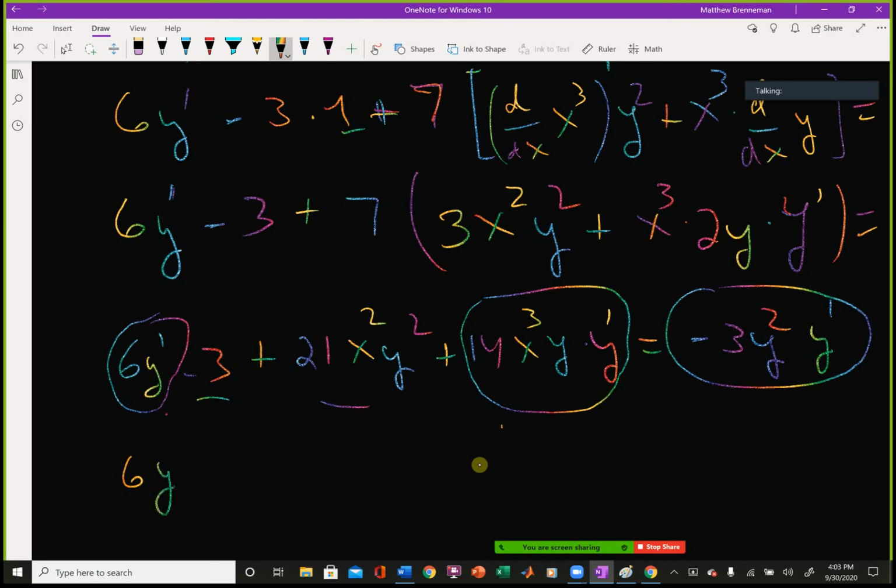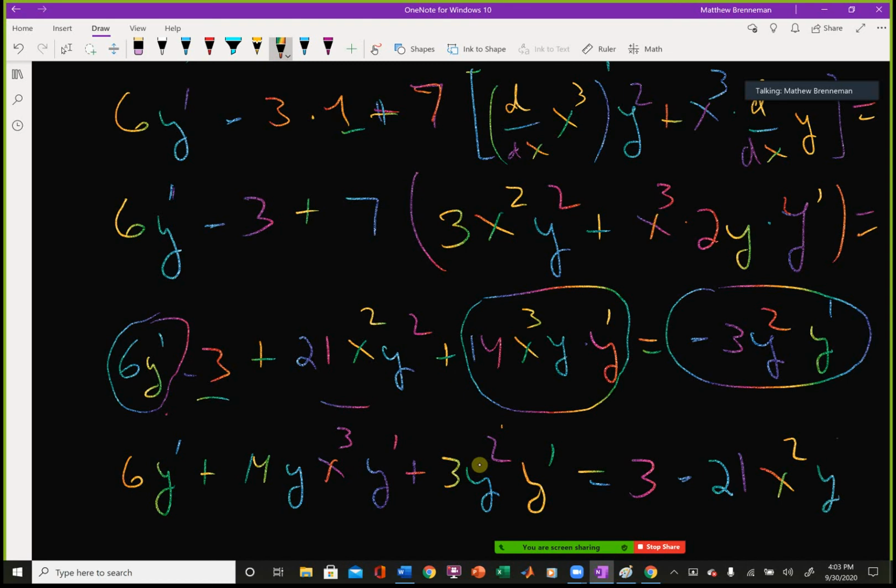So 6y prime plus 14 y x cubed y prime plus 3y squared y prime. I'm going to add a positive 3y squared y prime. And now when I bring these two terms over, I'm going to get 3 minus 21x squared y squared. Does that look okay? I didn't goof anything up, right? I think I did that okay.